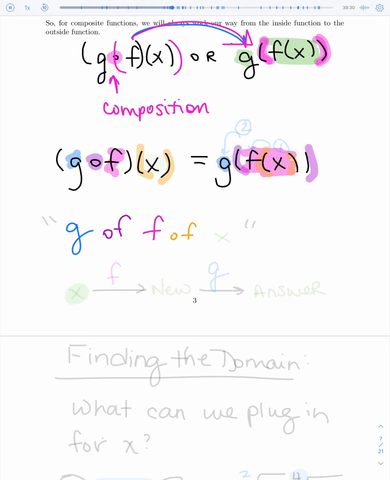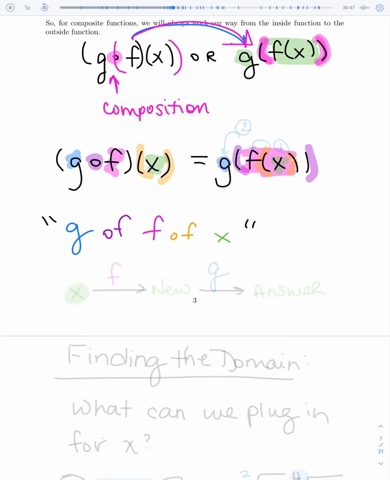And then we see our last part, which is our X. So we'd go ahead and mention our X. So how this is read, if you were to read it as a sentence, is G of F of X.